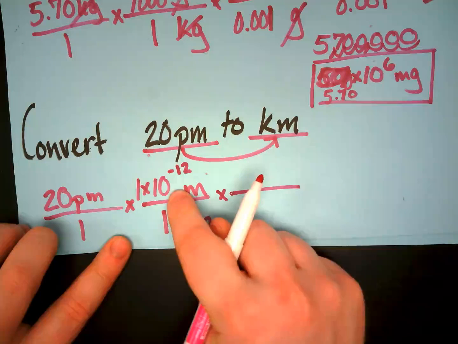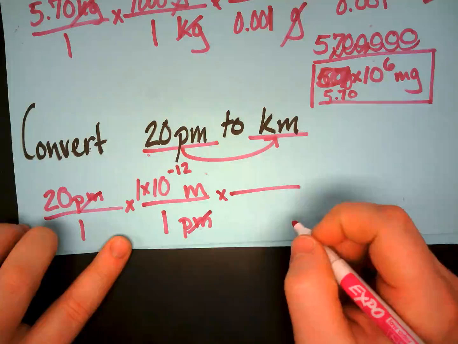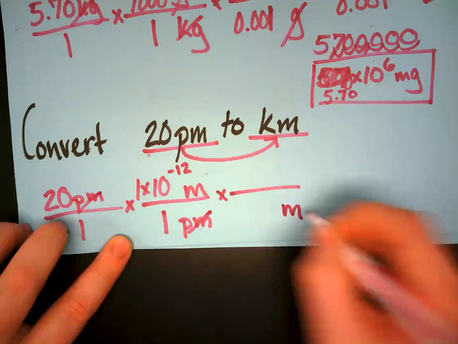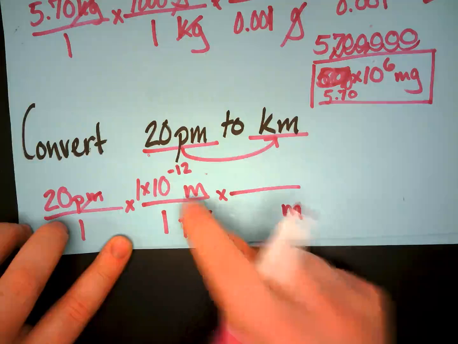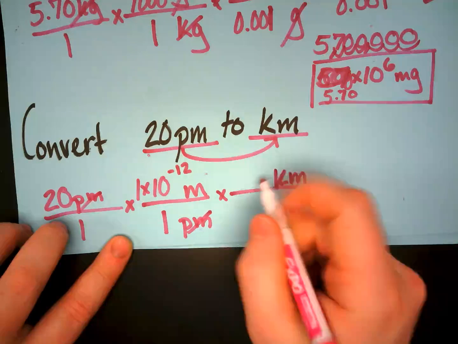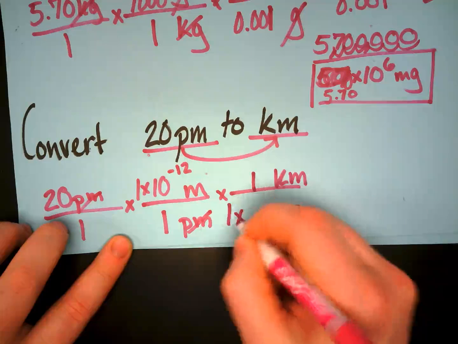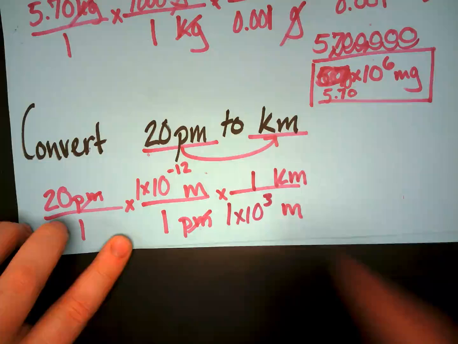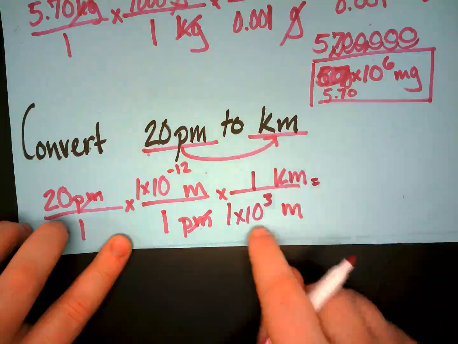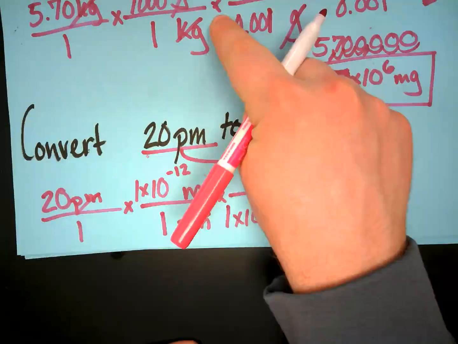And because this is in scientific notation, I'm going to keep this next conversion factor in scientific notation as well. So meters go on the bottom because we need to get rid of meters now. Kilometers goes on top. Kilometers gets 1 because it's got the prefix. And then there are 1 times 10 to the 3rd power meters in 1 kilometer. This is the same thing as saying there's 1,000 meters. Okay, as we saw up here.